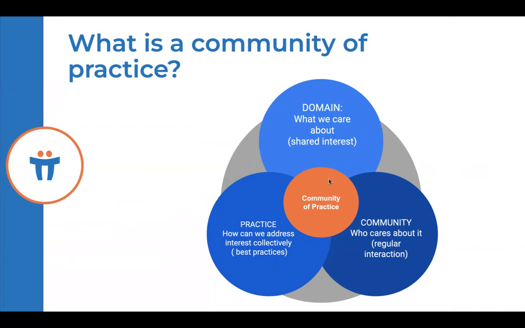So the idea is that it's an opportunity for Teampact users to create a collaborative capacity for learning and innovation, especially around using the data that we collect through the app.